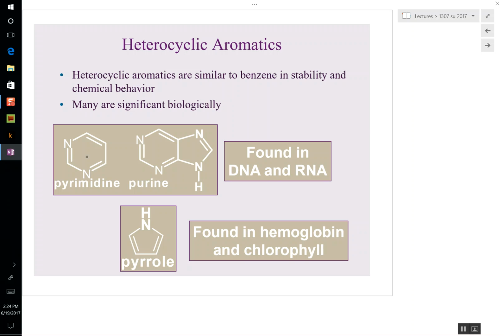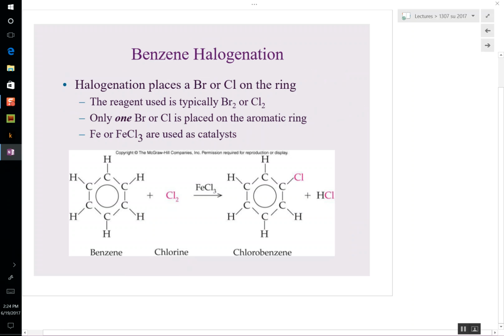So pyrimidine, purine. We will look at these in chapter 20 when we get to DNA and RNA. You'll see these heterocyclic rings. You don't have to memorize these structures now, or I don't even think in chapter 20, okay? But when you hear the term heterocyclic, that's what we're talking about.